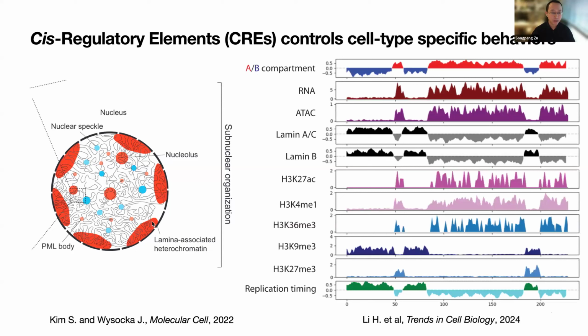B corresponds to the red part here, which are heterochromatin regions. You can see typically there is no RNA data there, and you also cannot see chromatin accessibility in those regions. The other compartment is the A compartment, where you can see the corresponding open state and signals. The important marker for the A or B compartment is H3K9 trimethylation.